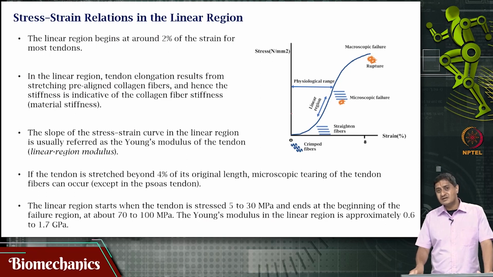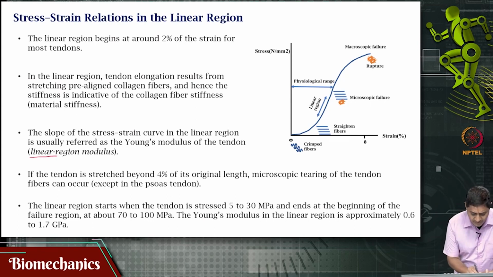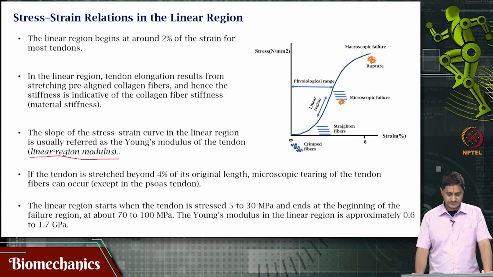If I measure the slope of the stress strain curve in this region, that is the Young's modulus of the tendon itself, but then that is saying the linearized Young's modulus in the linear region, right, or the so called linear region modulus. Okay.